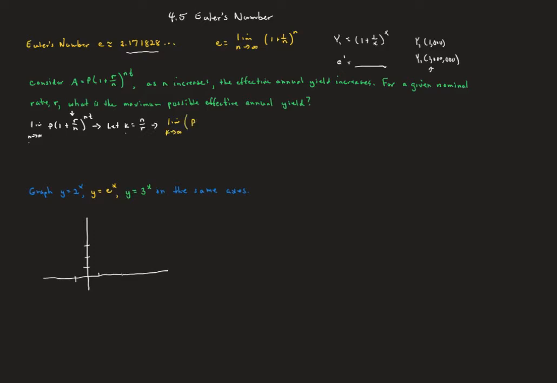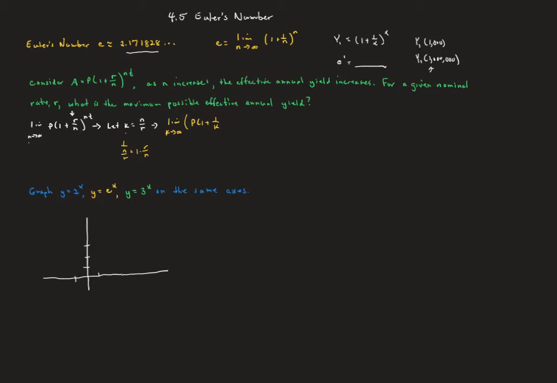That's still going to be P. We get 1 plus, but now r over n becomes 1 over k, because 1 over k is the same as r over n: dividing by n over r is the same as multiplying by r over n.